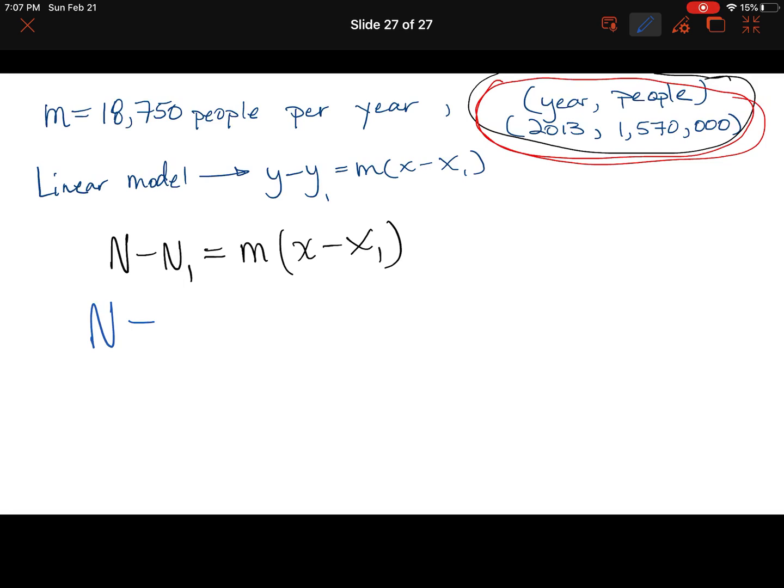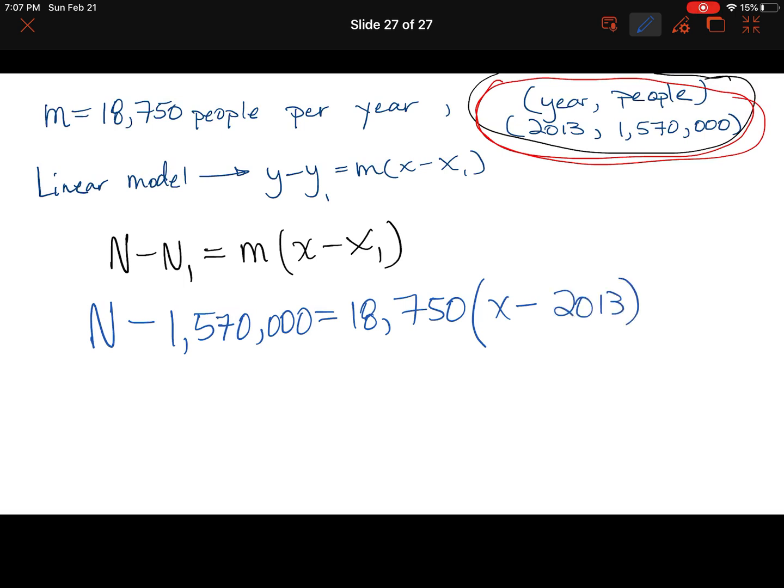N stands for people, so I'm gonna go ahead and put in 1,570,000, equal to that slope of 18,750 times x minus 2013. We'll put all that into calculation.